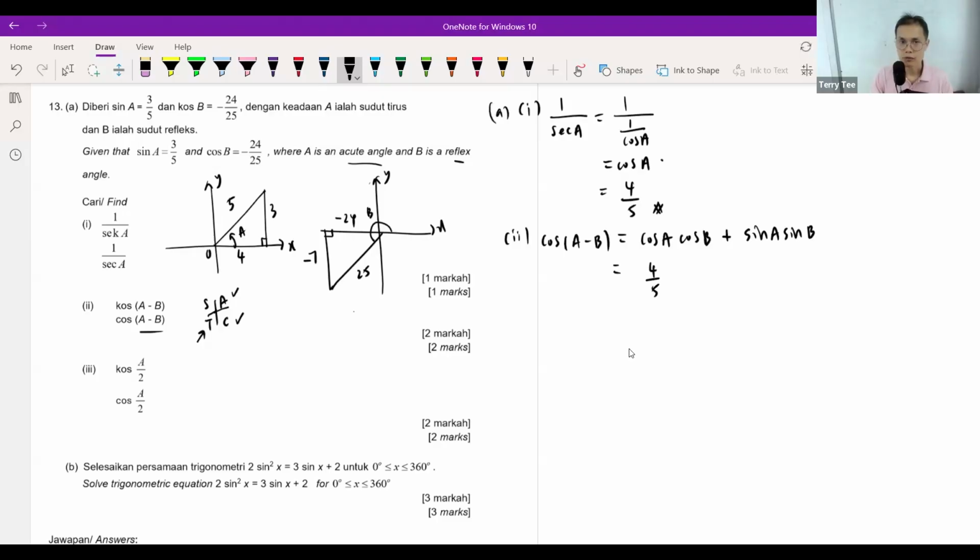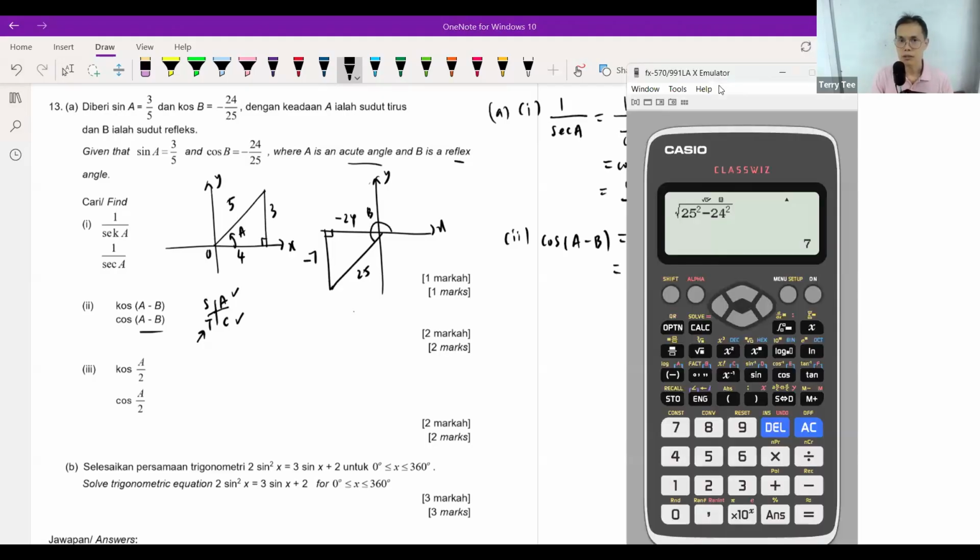You're reading from this triangle here. 4 over 5. Your cos B, actually no need to read from the triangle because the original question has already given us, right? Your cos B is negative 24 over 25. Your sine A is 3 over 5. Your sine B is negative 7 over 25.